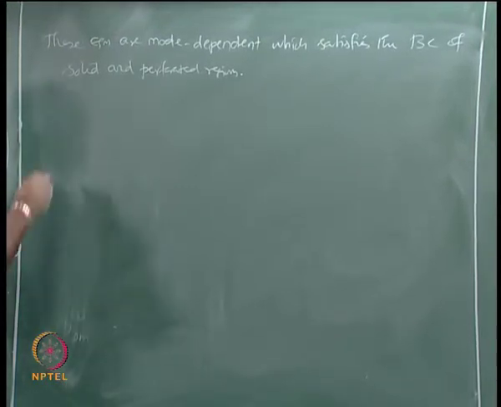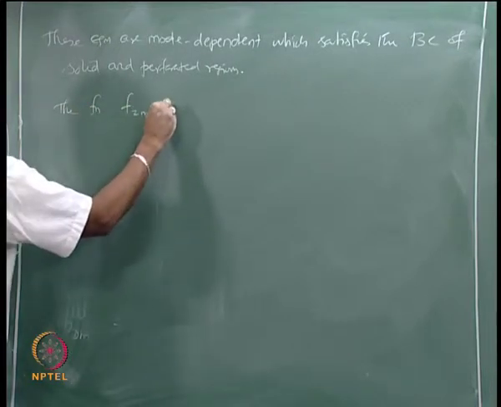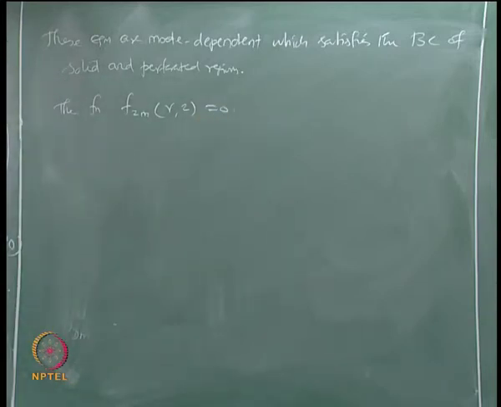Now the function f2m of r comma z is 0 for all the modes.